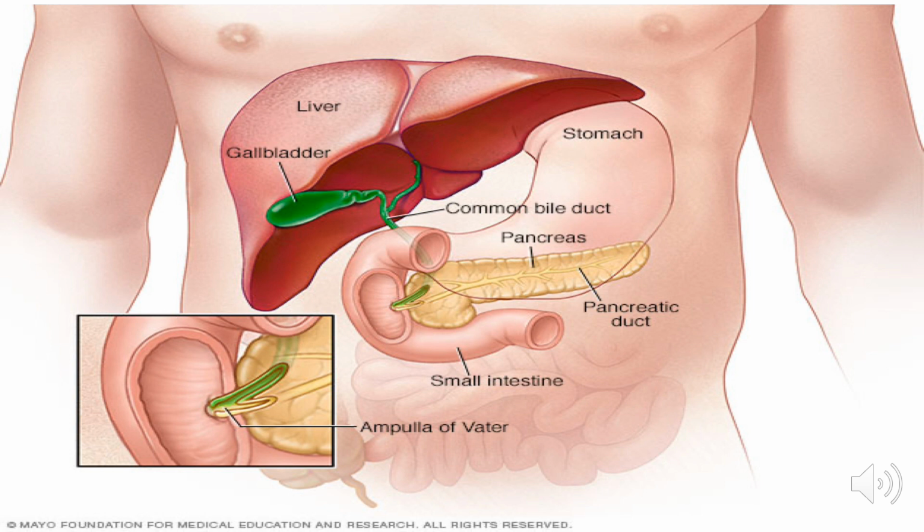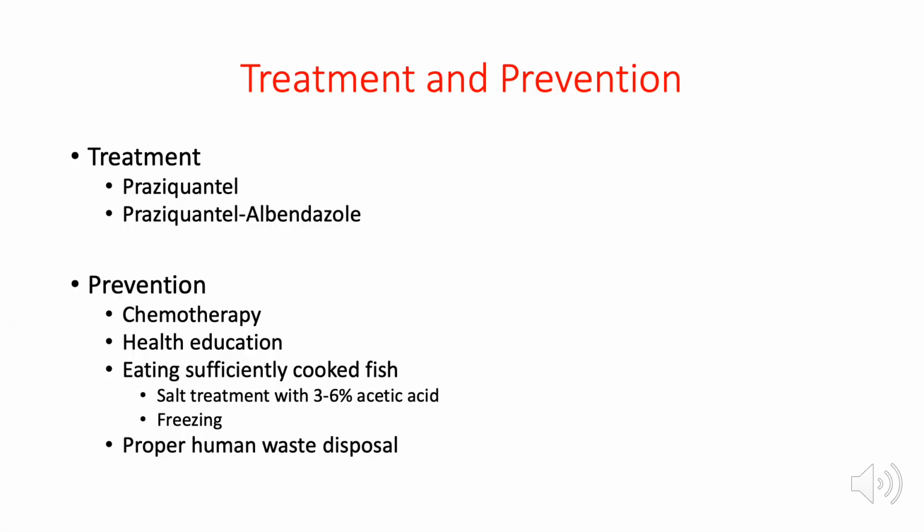But there is no such thing as ectopic infection in cases of clonorchiasis and opisthorchiasis. As for the treatment, the drug of choice is praziquantel. Praziquantel can also be paired with albendazole. The pairing of the two showed good results, especially in patients that are having moderate to severe infections.